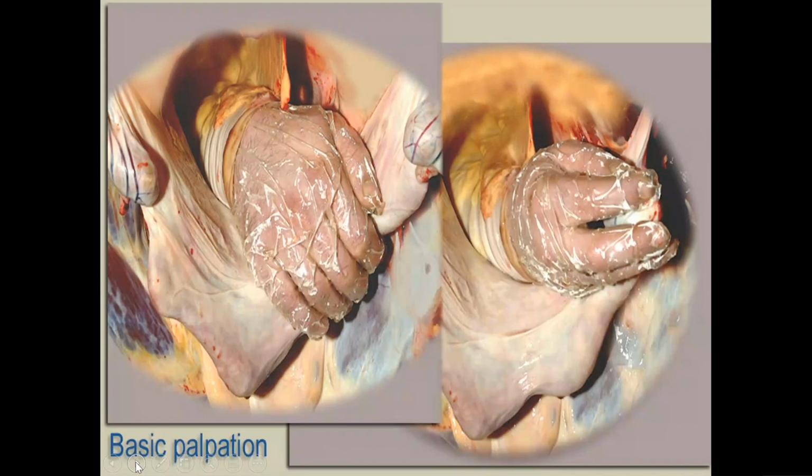So a basic palpation prior to the ultrasound is really important. There are 2 reasons why this is so. The first is the reproductive tract is always shown in diagrams and illustrations, as in this case, as a nicely laid out reproductive tract, a left and right ovary, left and right uterine horn, and the uterine body.